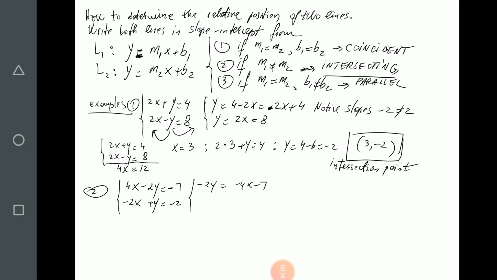Move 4x over, keep y on the left, move minus 2x over. Here we have to divide by minus 2. Don't forget to change the sign. So minus 4 over minus 2 gives me 2x plus 7 over 2. And the second line is 2x minus 2.